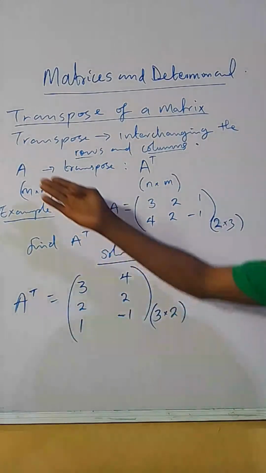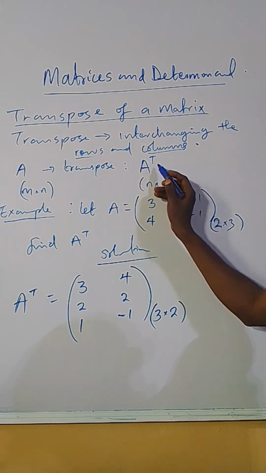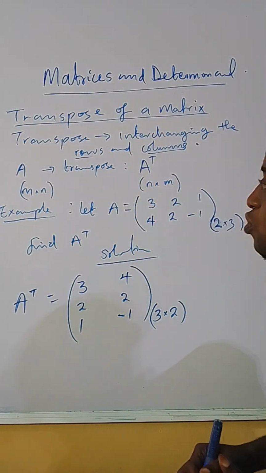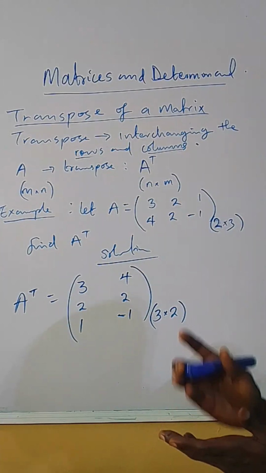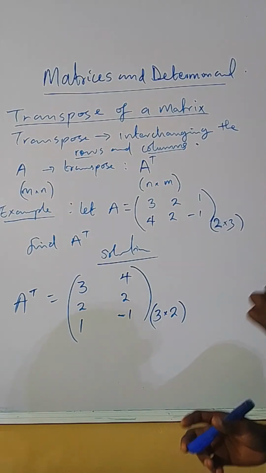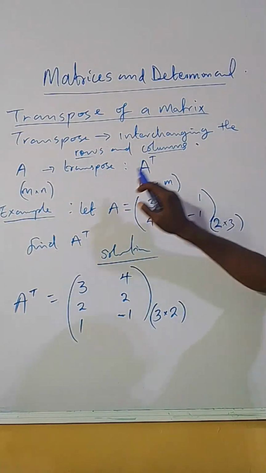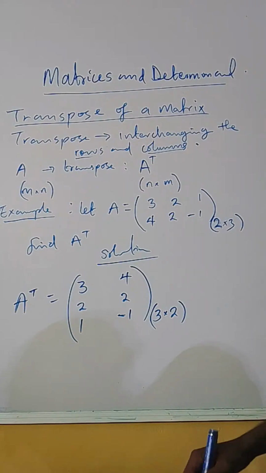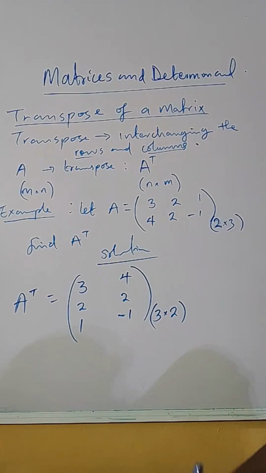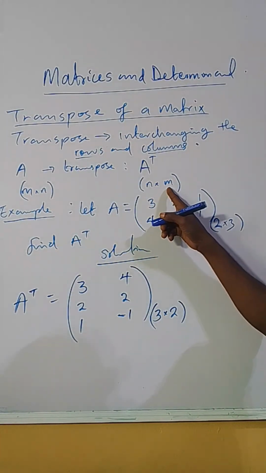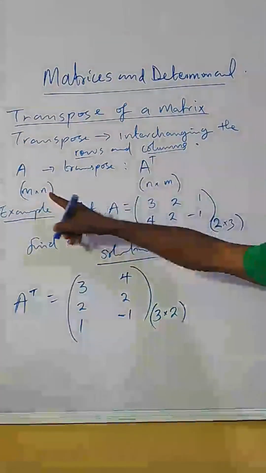And if we have a matrix A, the transpose of A is denoted as A raised to power T. So the transpose means the row will change to column and column will change to row. And it is denoted as A transpose. Generally, if the order of A is m by n, the order of A transpose will now be n by m.